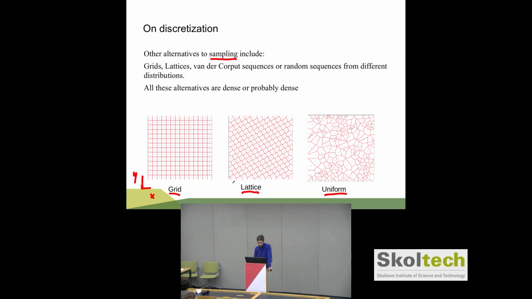For the lattice, you put points that follow some order, but the formula is a little bit different. It's simply another way of covering the space. You have some issues on diagonals on the grid; here it's supposedly a little better. There are many ways of dividing your space. If it's dense, it's useful for you.